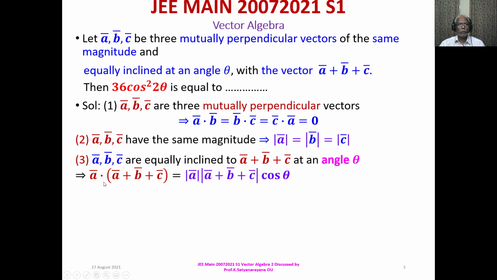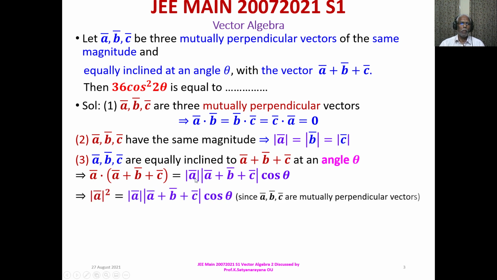And now look at the left hand side. The vector A bar dot A bar is mod A bar square. A bar dot B bar is 0. A bar dot C bar is 0. You will get mod A bar square is equal to modulus of A bar into modulus of A bar plus B bar plus C bar into cos theta, and cancel off mod A on both sides.